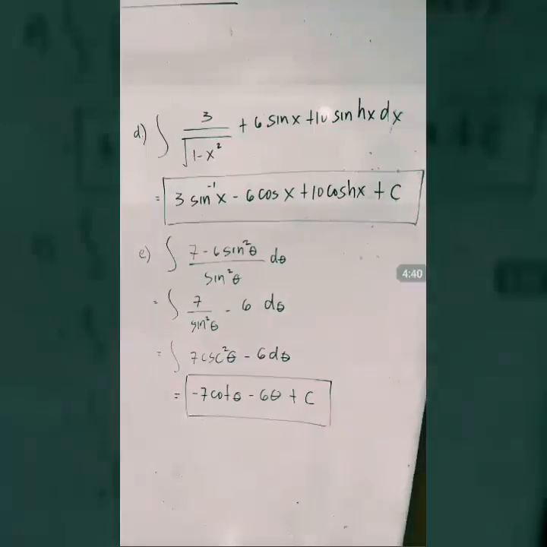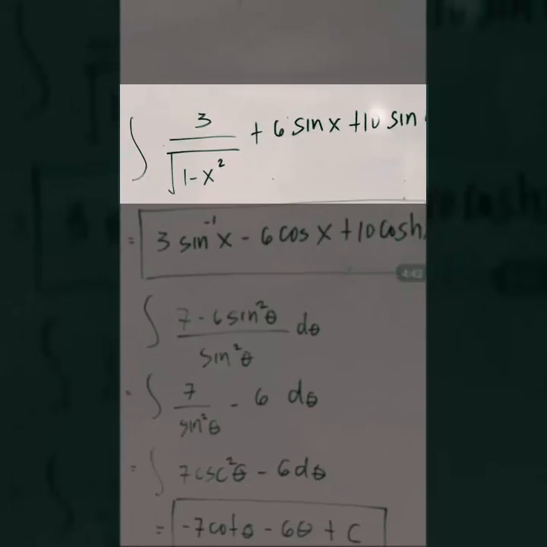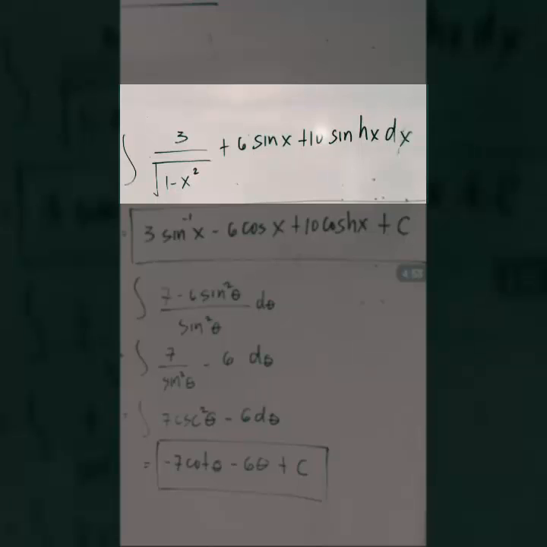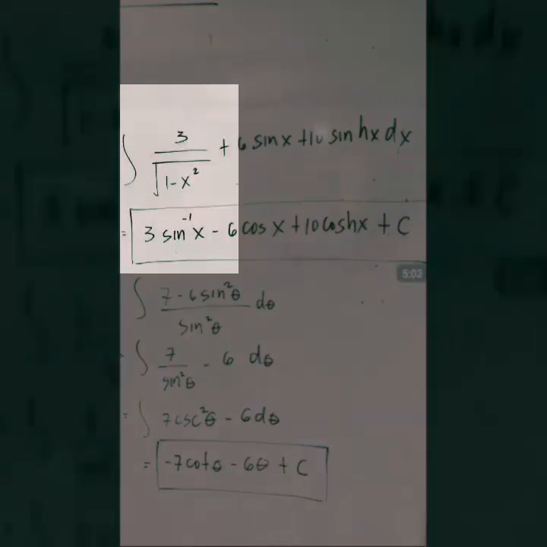Letter D. The integral of 3 over the square root of 1 minus x squared plus 6 sin x plus 10 sinh x. Involve yung ating hyperbolic function at trigonometric function. For the first term, yung integral ng 1 over the square root of 1 minus x squared, kung titingnan natin yung ating integration formulas, equivalent niya sa arc sine.